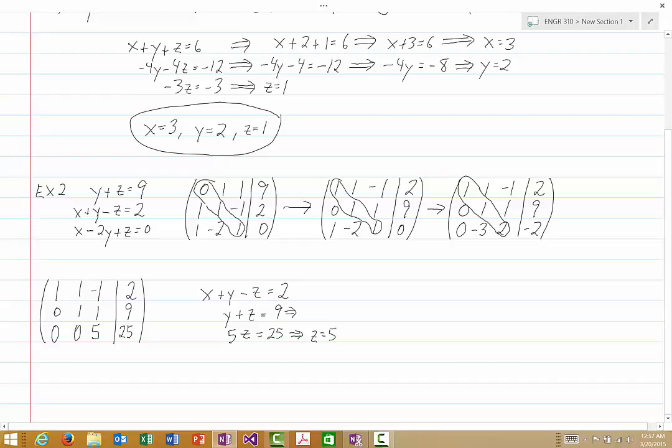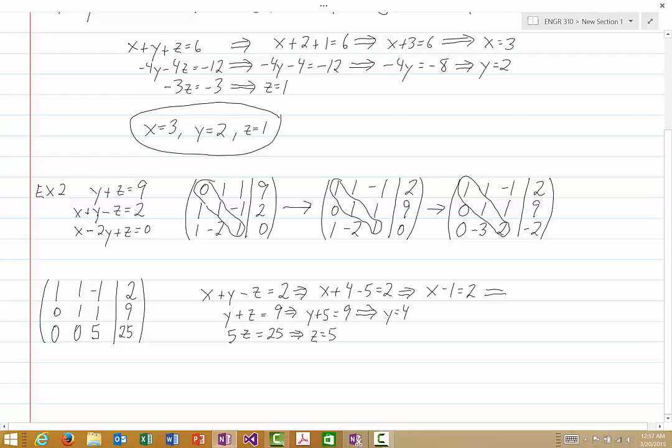substitute that back into the second equation, we get y plus 5 is equal to 9. And if we then subtract 5 from both sides of that equation, we get y is equal to 4. And now we substitute our values for y and z back into the first equation, and we have x plus 4 minus 5 is equal to 2, which is the same thing as saying x minus 1 equals 2.